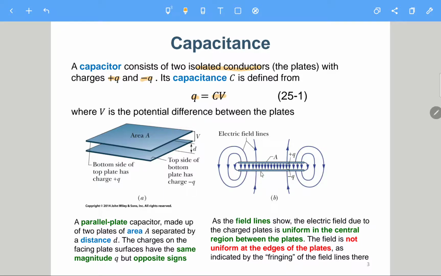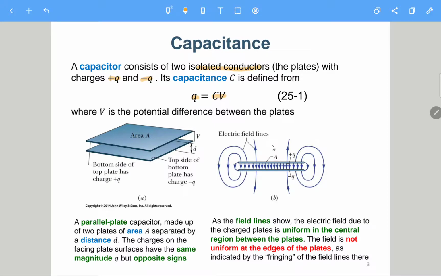However, the capacitor can't be infinitely large, so we will assume that in between the two plates there will be approximately uniform E field. So actually this side will be more dense, and this side will be a bit sparser.